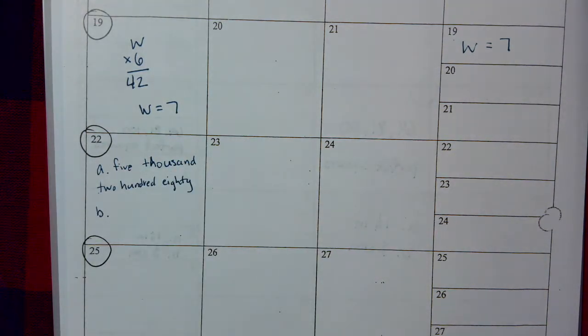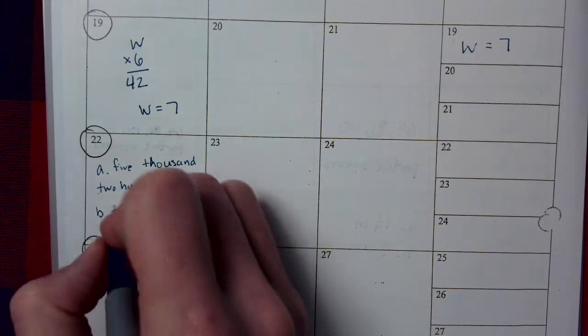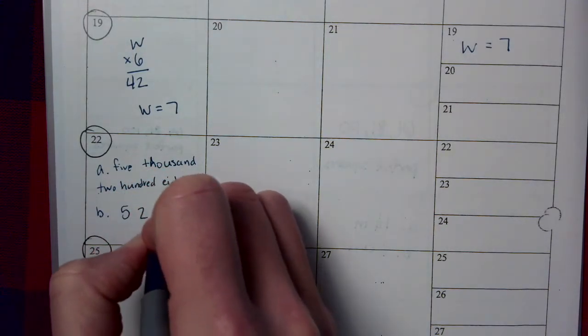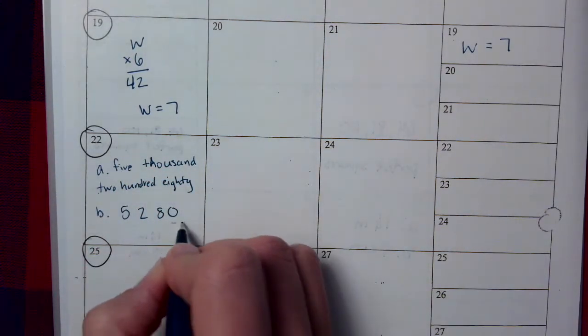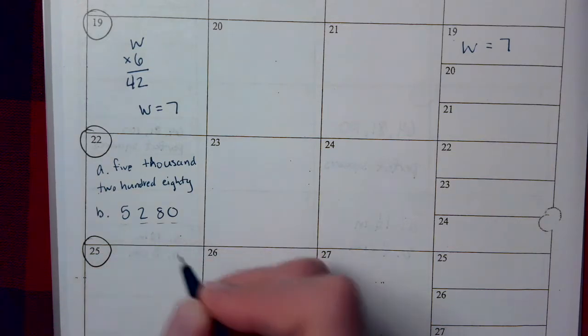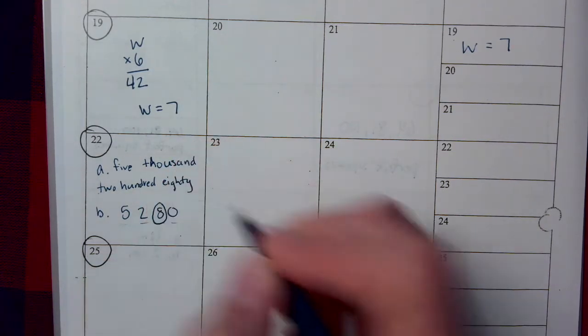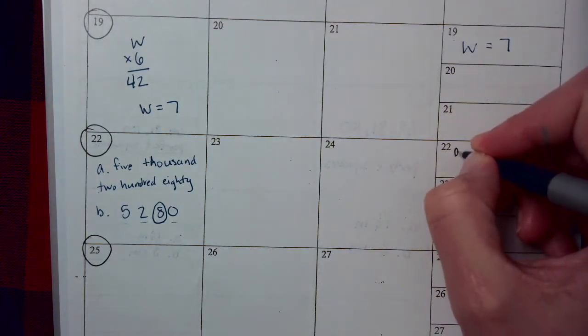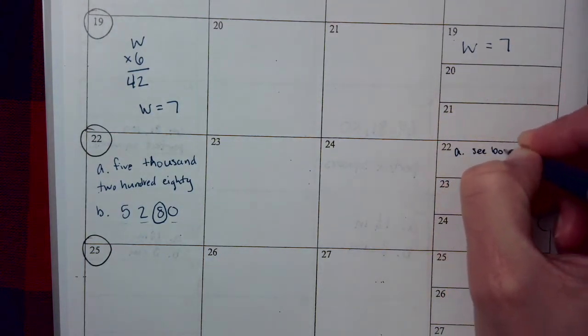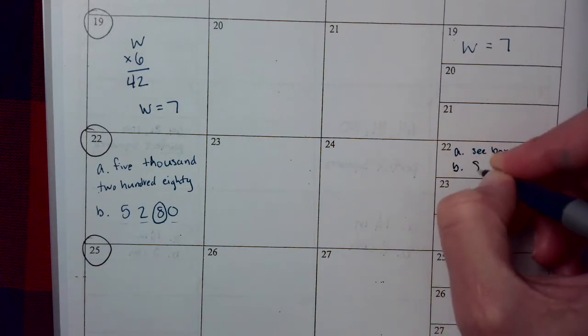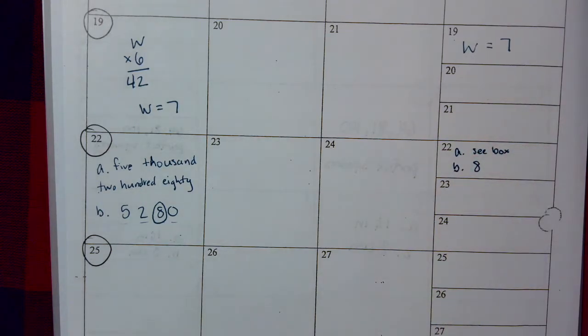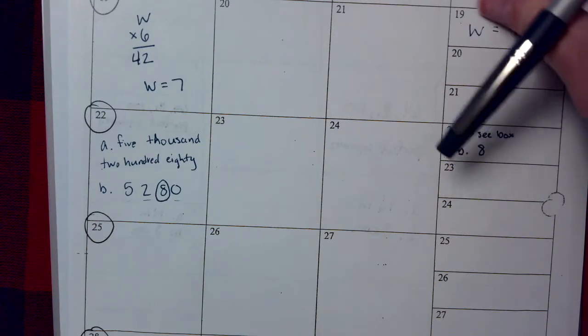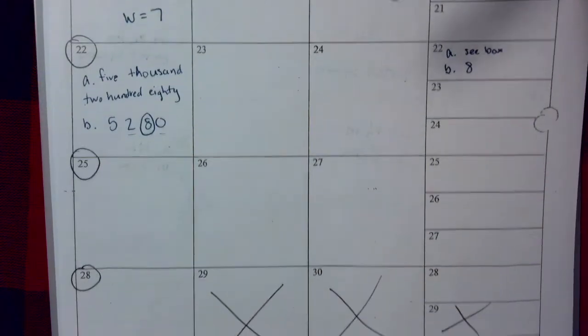And then it says which digit is in the tens place. Ones, tens, hundreds, thousands. So the 8 is in the tens place. A, C box, B, 8. Moving on to 25.